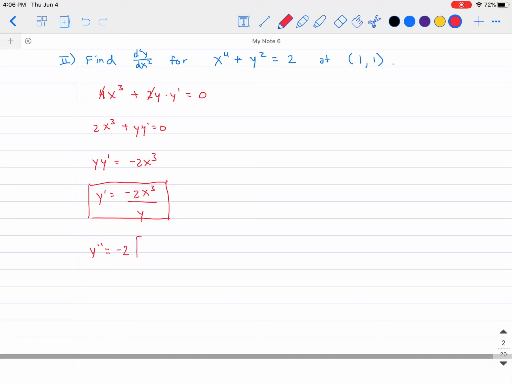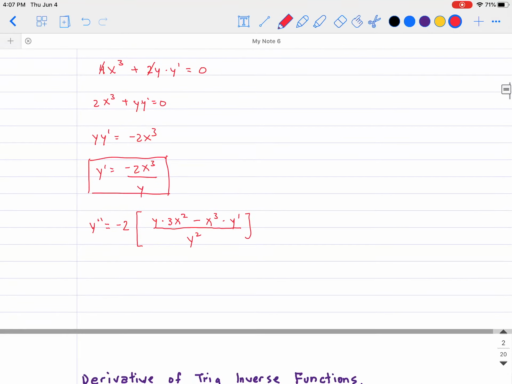Let me factor out the negative 2, because the constant should just carry over and that makes things a lot easier. The quotient rule is the bottom multiplied by the derivative of the top, minus the top multiplied by the derivative of the bottom, where the derivative of the bottom y is y prime. All divided by the bottom squared, so y squared.